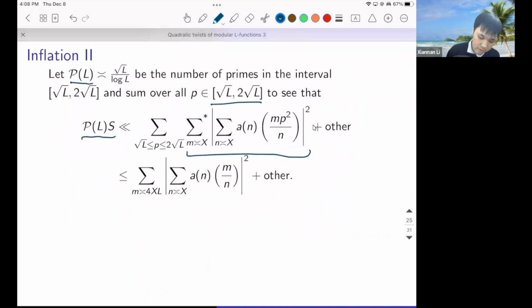And then there's basically a change of variables. I guess if you like, you can also think of this as an embedding.